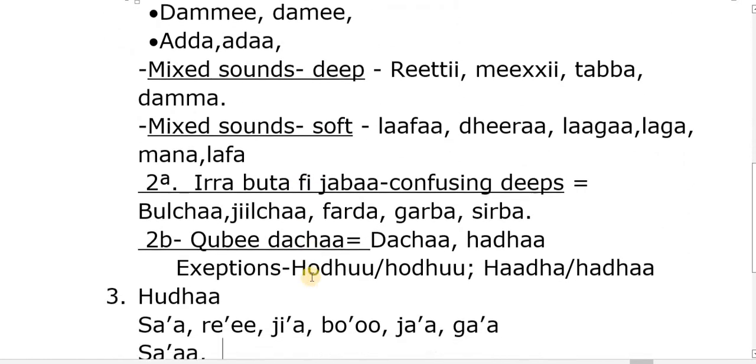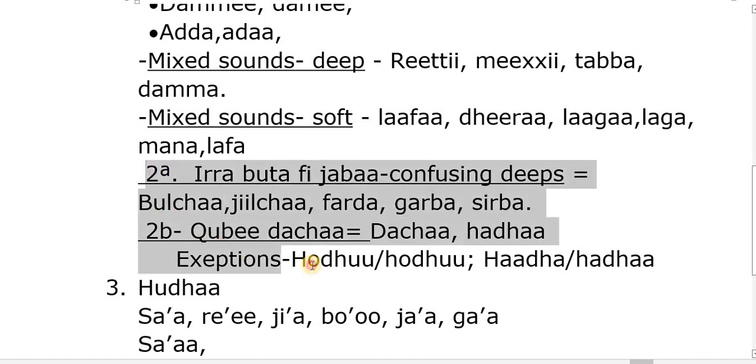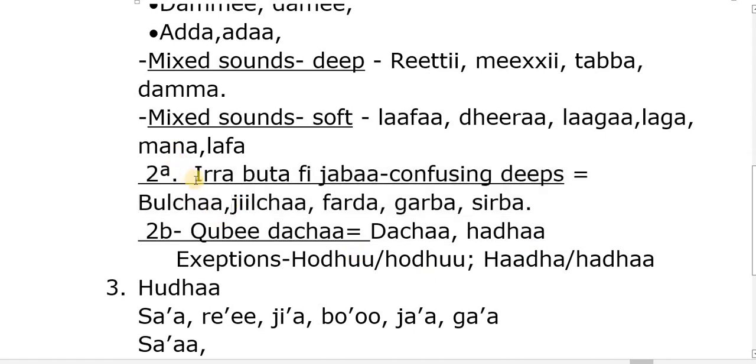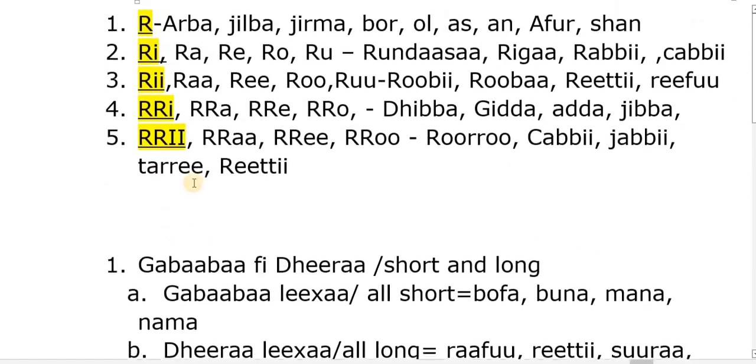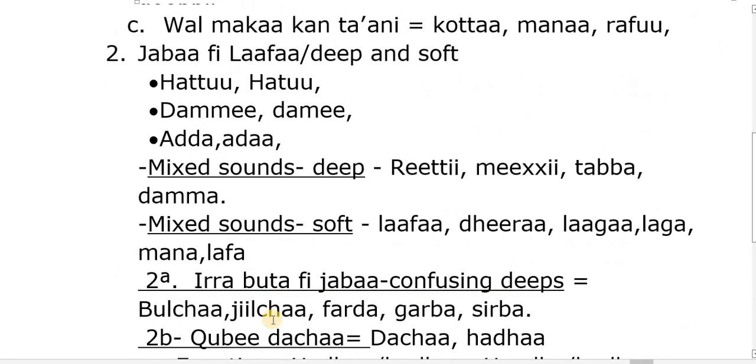The other important part in writing deep and soft words is that in these two conditions they are mostly where spelling errors appear, especially on irabuta. Irabuta, as we have seen up in the first place, are the words where we have the softest sound because we don't have any vowels with them.